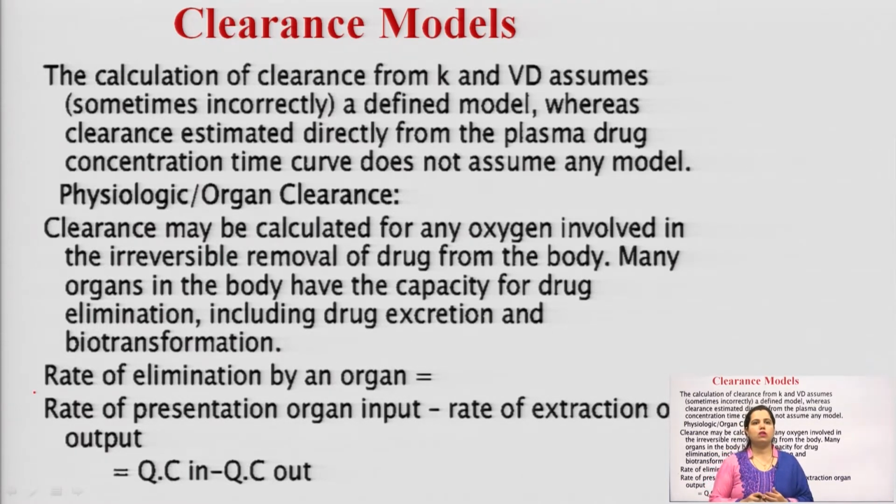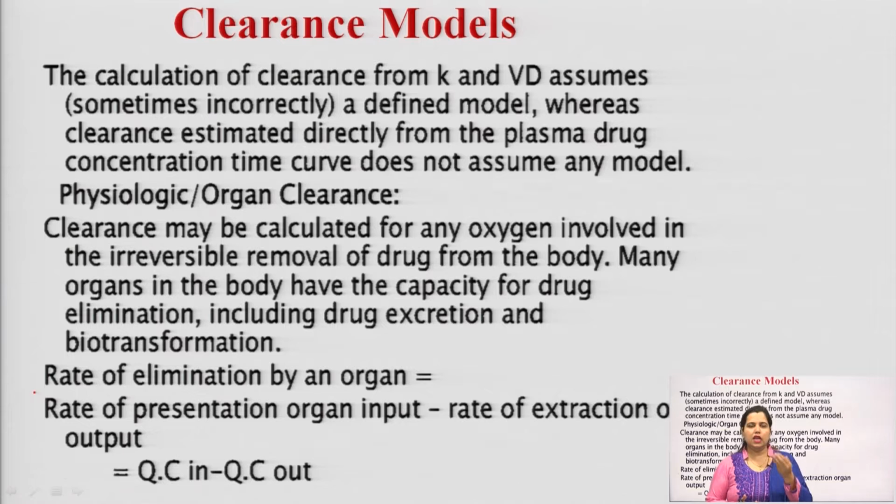The rate of elimination by an organ is equal to the rate of presentation, organ input, minus the rate of extraction, organ output. So, basically Q times C in and Q times C out, organ input and organ output. This difference will give you the rate of elimination by an organ.